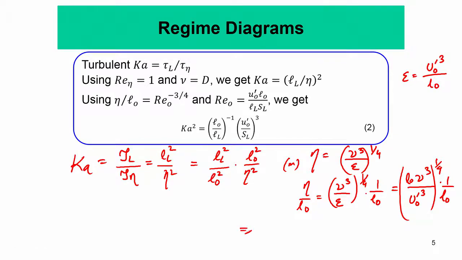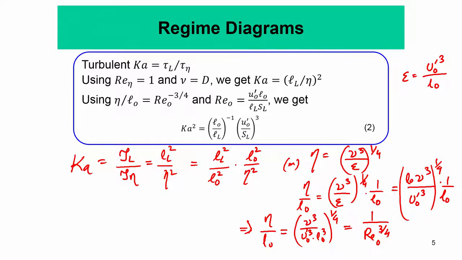Now this L0 can go inside, and it will have a cube because it is inside. So, then it becomes nu cube by u0 cube times L0 cube, to the power of 1/4. What is this? This is essentially the Reynolds number to the power of 3. So, this becomes RE0 to the power of 3 by 4.